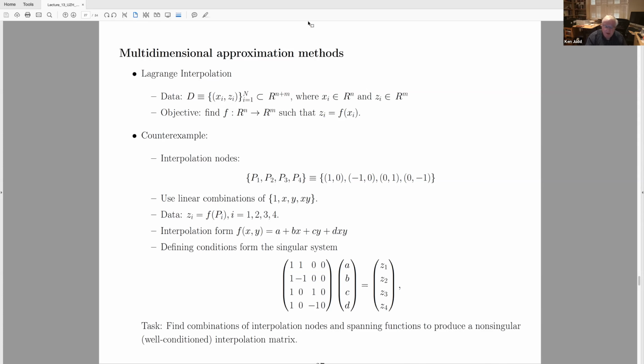Now, let me finish off. This lecture has a label of approximation 1. In a few weeks, I'll be talking about approximation 2, where I will talk about much more modern approaches to approximation.